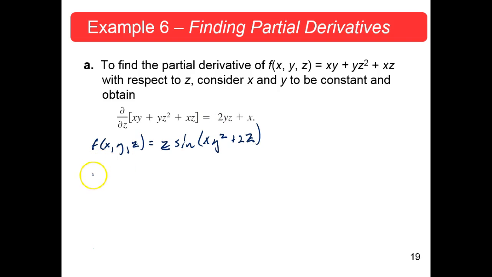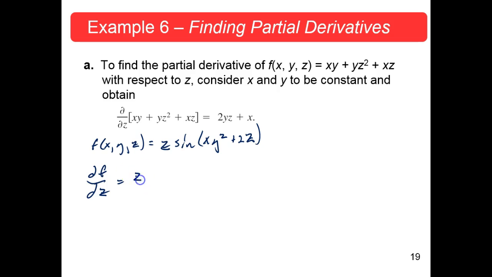And again, we'll treat x's and y's as if they're a constant. Well, here we have a product rule because sine has z in it as a component. z is itself. So what's the derivative of a product? Well, it depends on which way you do your thing. It really doesn't matter.